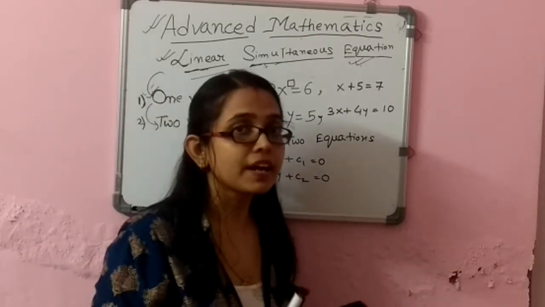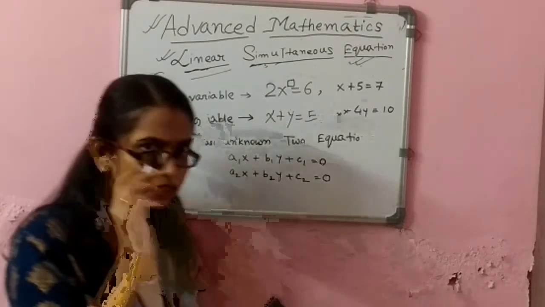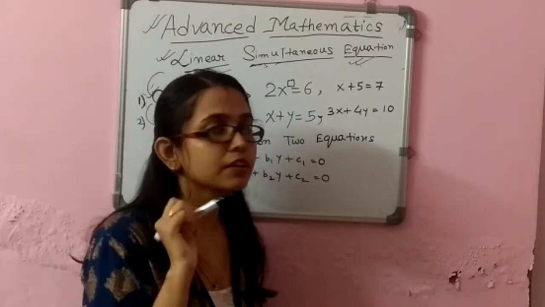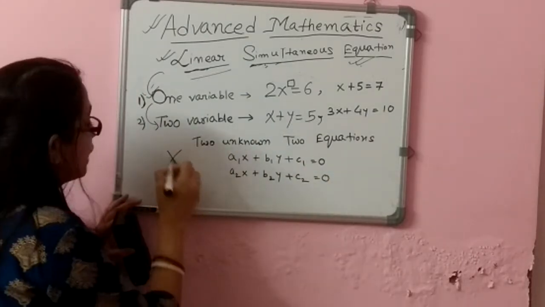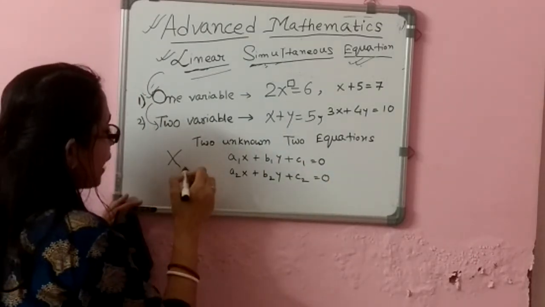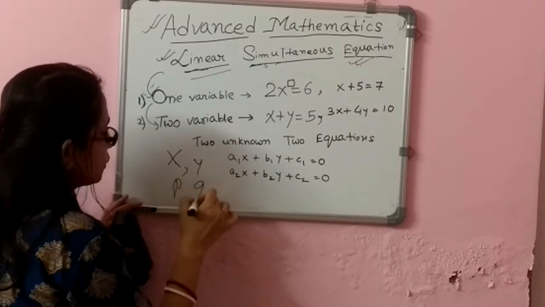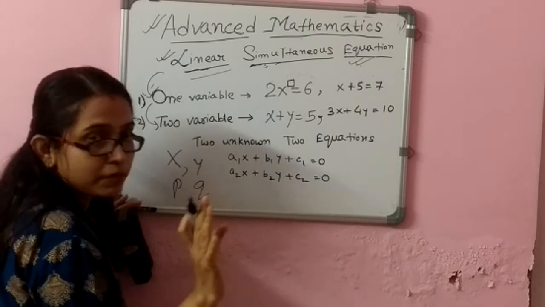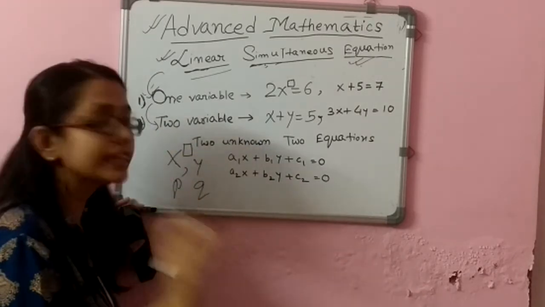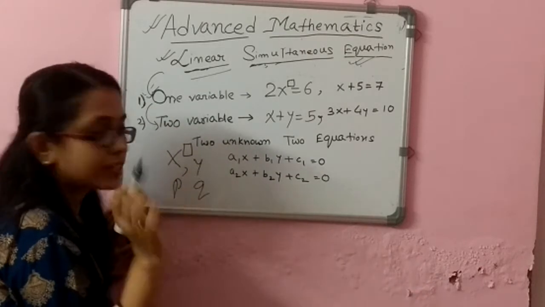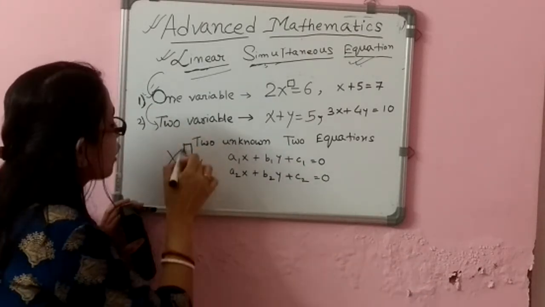How to identify a linear equation is that we will just see what the power or exponent or degree of a variable is. Suppose x is a variable or y is a variable or anything, p, q, whatever the name of the variable is, we will first look at its degree or power or exponent, what is written at the head or top of the variable.